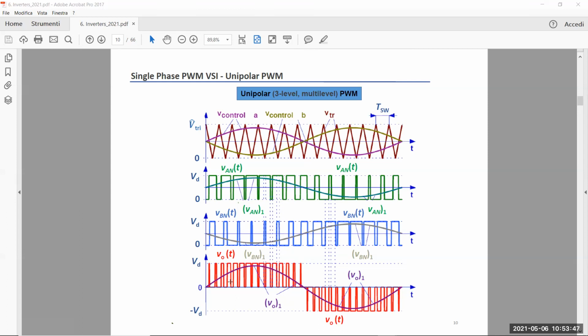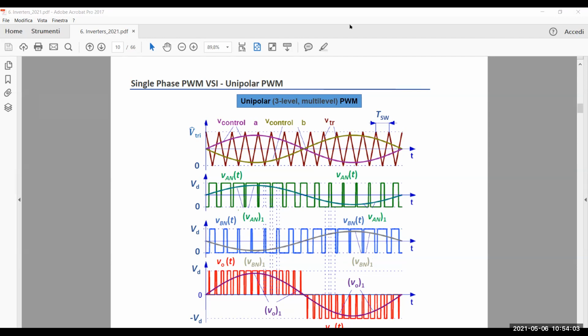The sequence of the switches is the same that we already discussed for the 4-quadrant DC-DC converter.